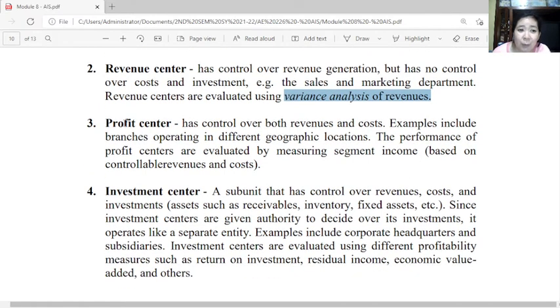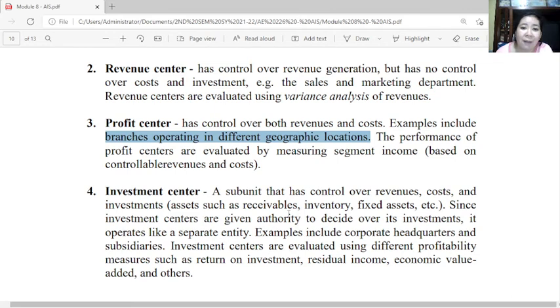Profit center. Of course, when we say profit, in this case, it has control over both revenue and cost, meaning revenue minus cost is equal to profit. What are examples of areas or departments that can be classified as profit centers? Branches operating in different geographical locations.